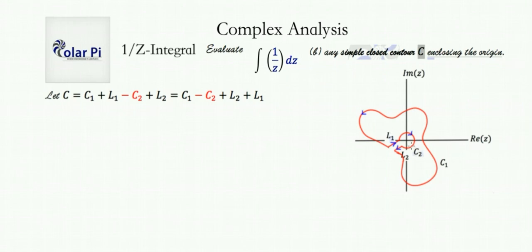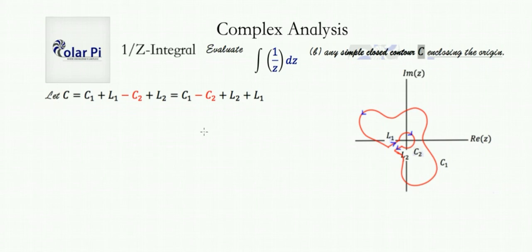Because, again, we've avoided that origin, which is the only place where 1 over z is not analytic. It's only singular point. And therefore, the integral over C of 1 over z is going to be 0 from part A.